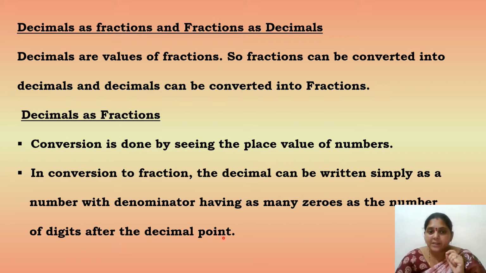When we are converting a fraction to a decimal, it is very easy because here we are going to observe the number of zeros in the denominator and then we are going to write the number directly.